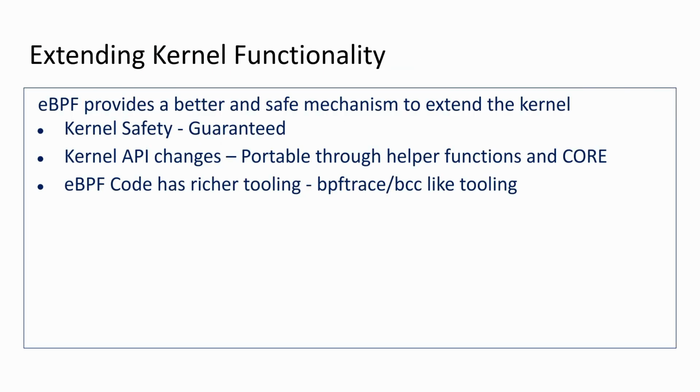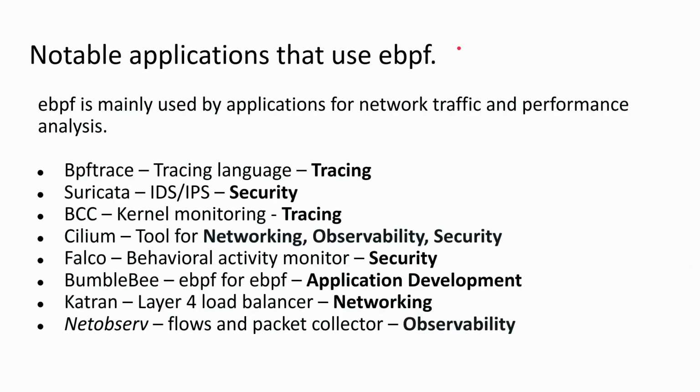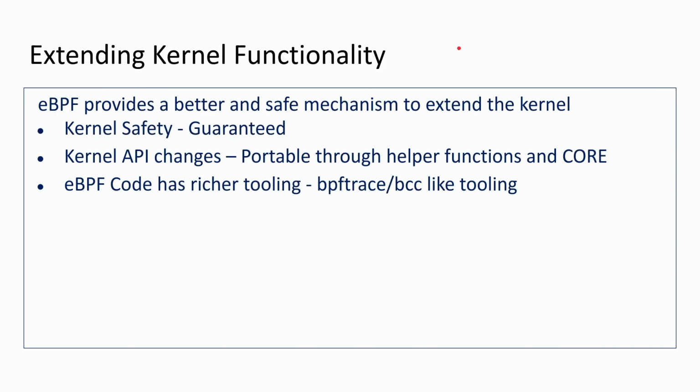So in order to extend kernel functionality using eBPF, we saw that kernel safety is very important and something that is guaranteed. As Dushyant showed you, if you don't have those bound checks, your code won't run. If you don't do memory checks, your code doesn't run.